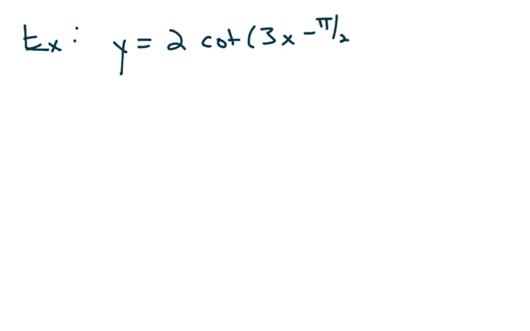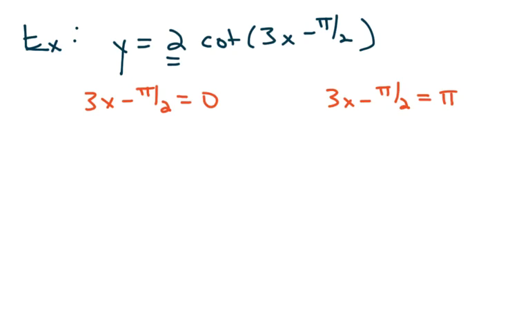So, here's an example. Y is equal to 2 cotangent 3x minus pi/2. We'll deal with that 2 in a minute. So I'm going to set 3x minus pi/2 equal to 0. And I'm going to set 3x minus pi/2 equal to pi. And then we'll find where our new asymptotes will be with the period and phase shift.